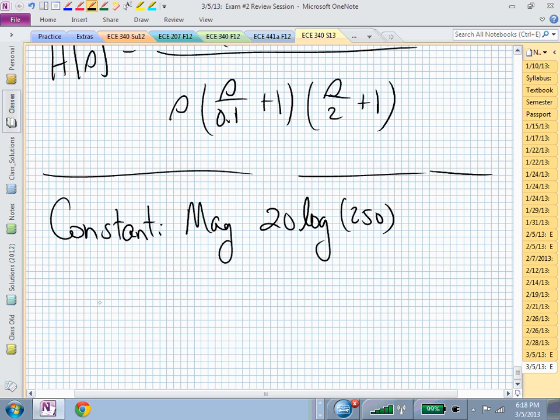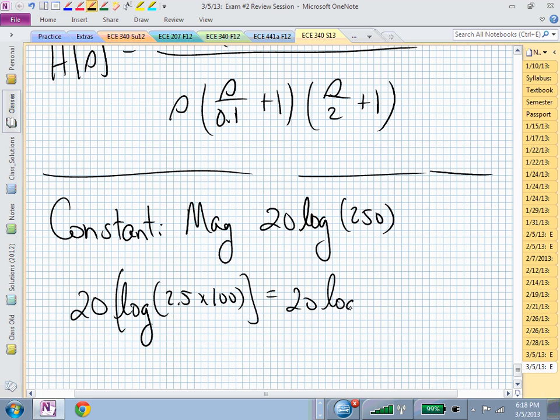But if you're wanting to think your way through that, that's actually 2.5 times 100. The reason I did this is now log of 100 is 2, and this is close to the log of 3, isn't it?